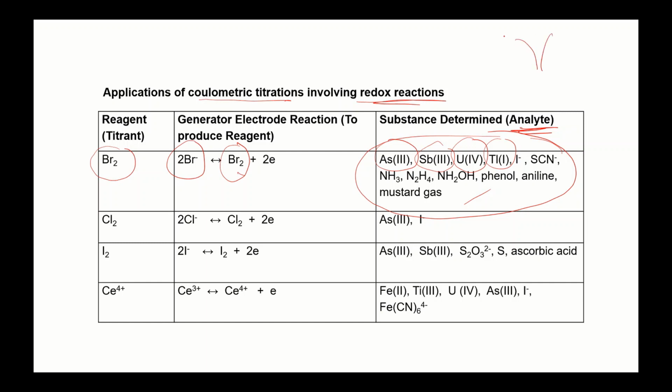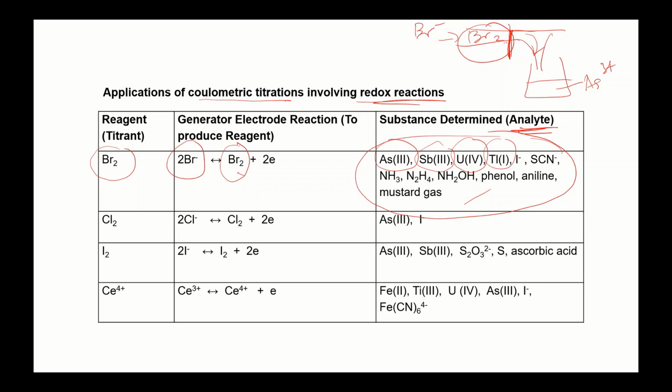You must produce bromine first. The bromide ion will produce bromine at the anode. You need to have an anode, then bromine will be the reagent. This reagent or titrant will be titrated with, for example, arsenic 3, so you can get the endpoint.